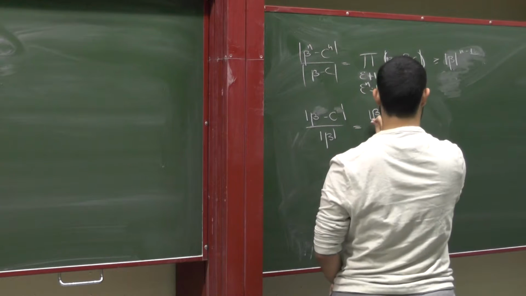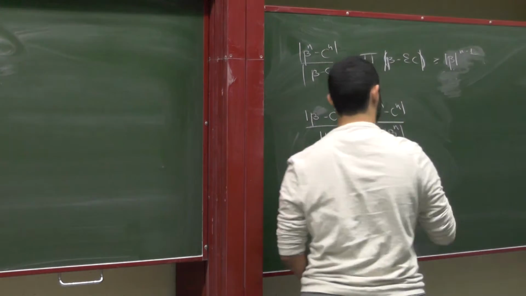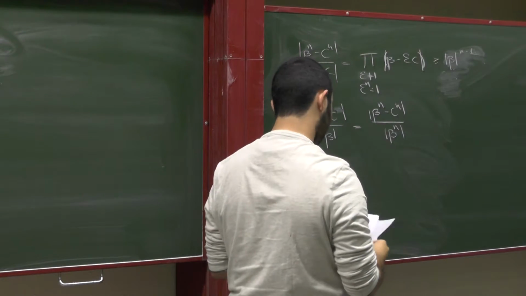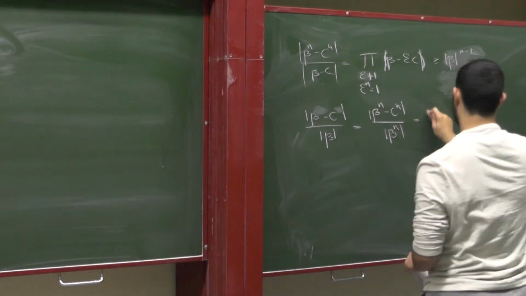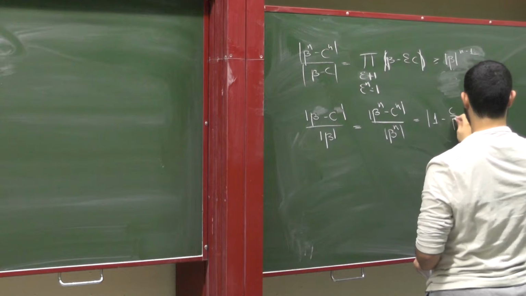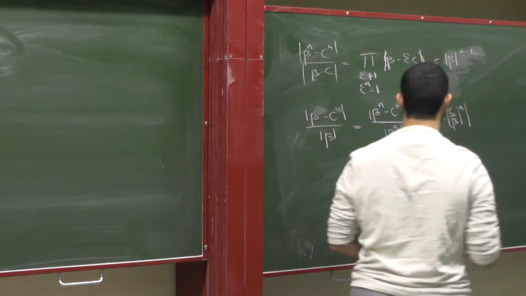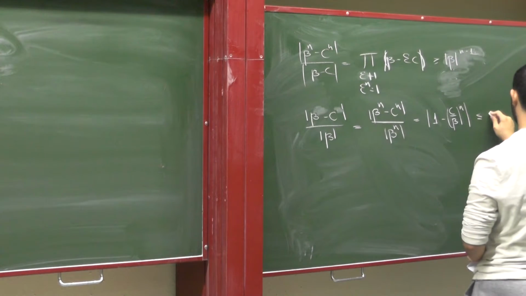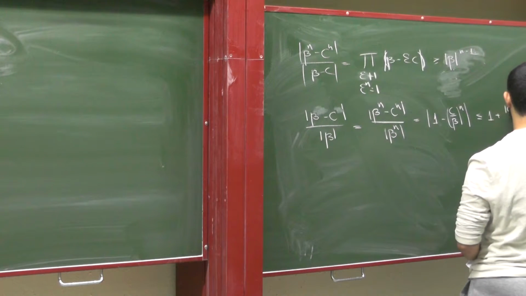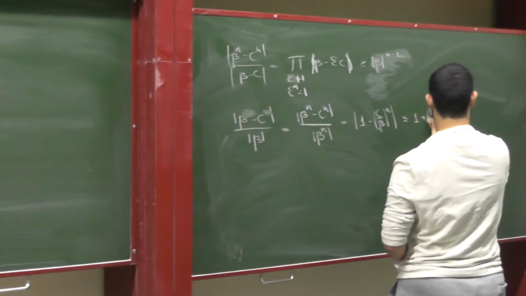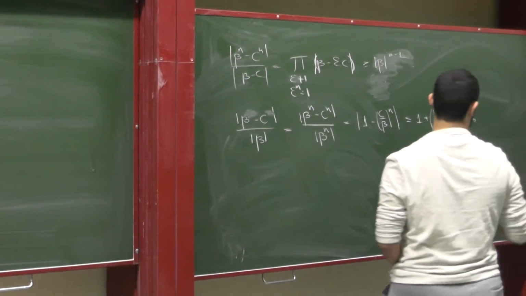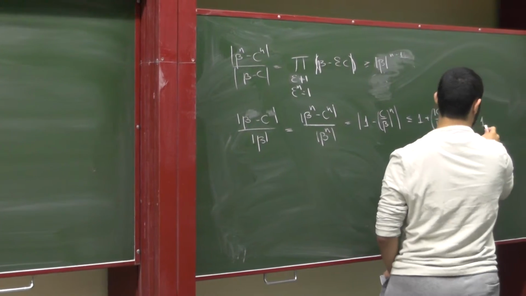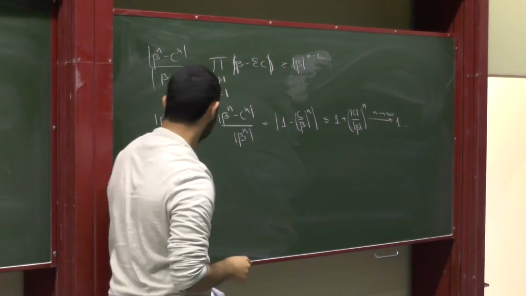Okay? So now I have this, which is exactly this, which is by finite inequality, yes, and by choice of c, this goes to 1 and then infinity.